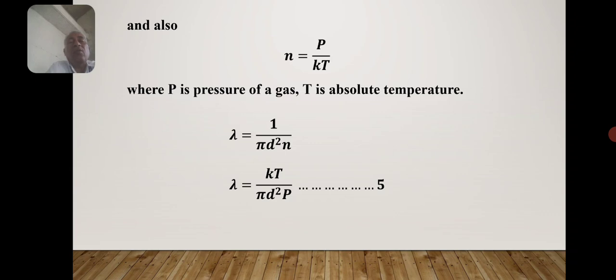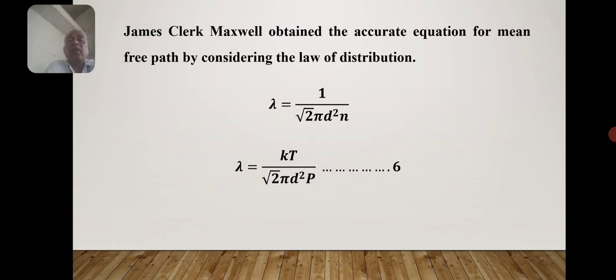Therefore lambda equals 1 upon pi d square into n. Putting n equals p upon kT, lambda equals kT upon pi d square into p. This is equation number 5.